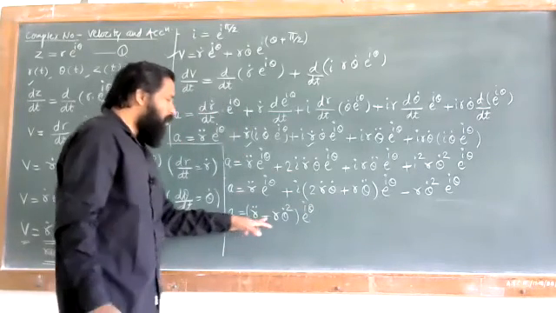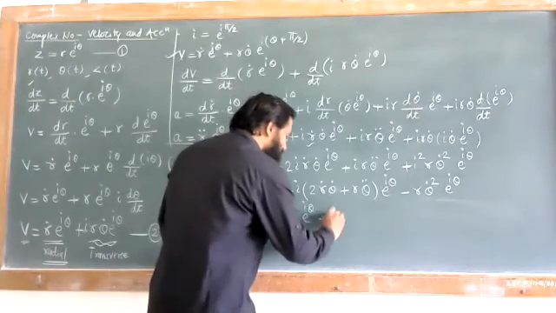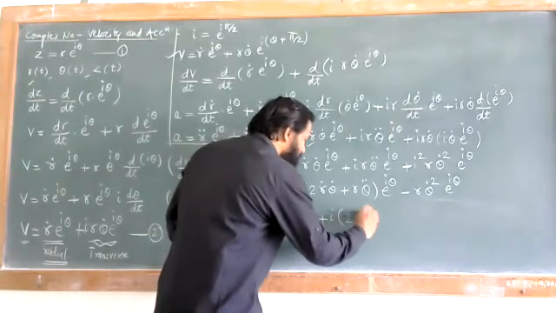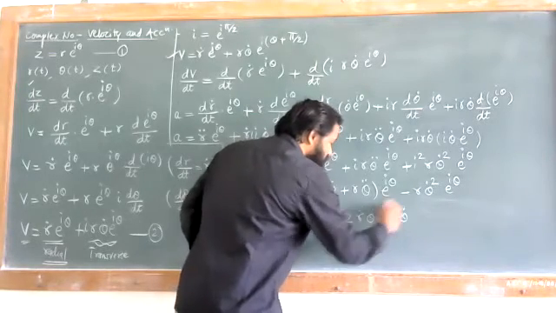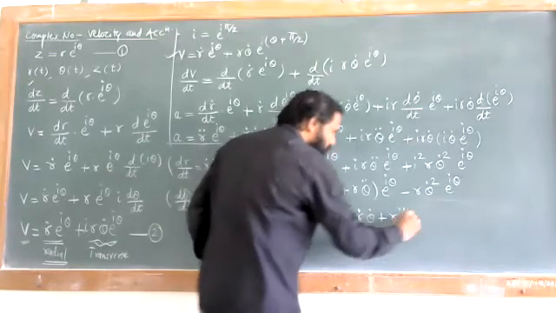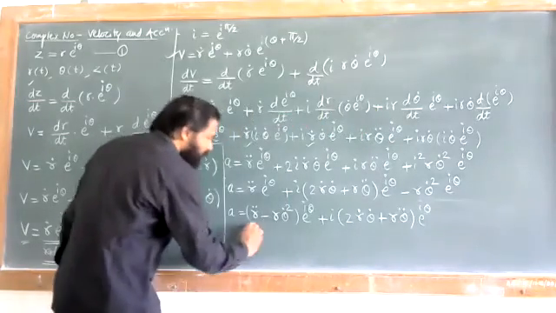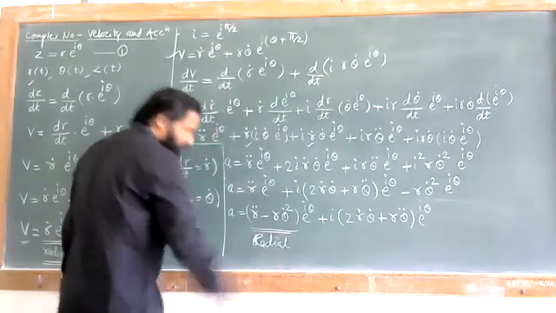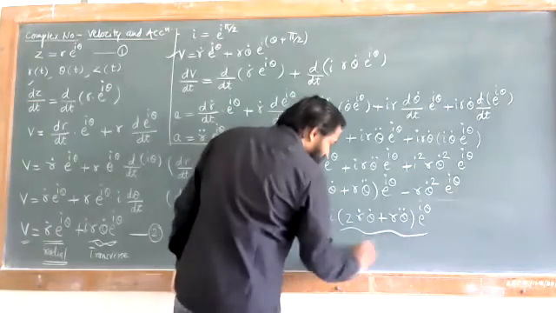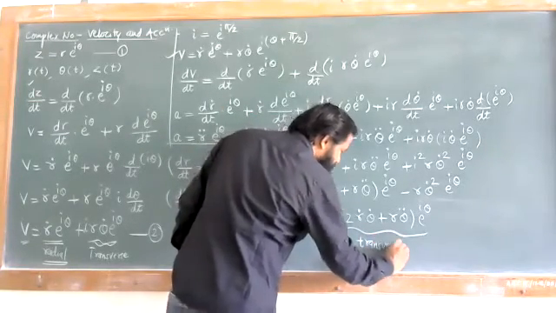So r double dot minus r theta dot square e raised to i theta plus i times twice r dot theta dot plus r theta double dot into e raised to i theta. So you can have this is called the radial part of an acceleration, and this is called the transverse part of an acceleration.